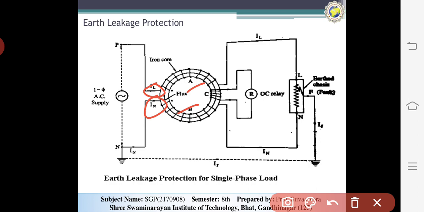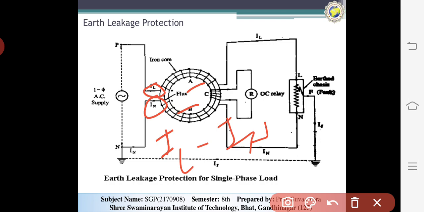Now consider that coil A carries the current IL while coil B carries the current IN. In the normal condition, the current in the live conductor is the same as the current in the neutral conductor, so IL minus IN is 0.